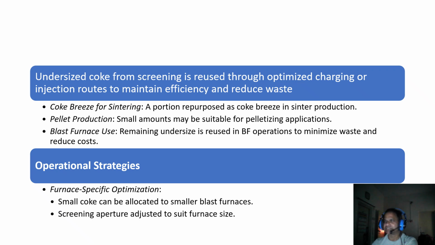As PCI injection increases, reliance on coke shifts tremendously, as we all know, because as we start injecting PCI, the ore by coke ratio increases, as coke we have to take away from the main course, and we have to supplement in the form of injectant.